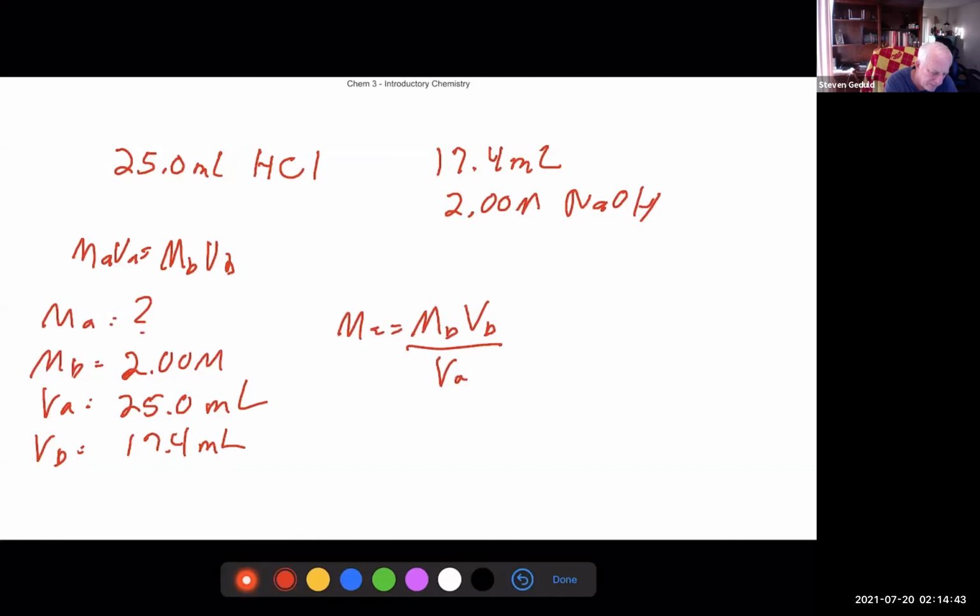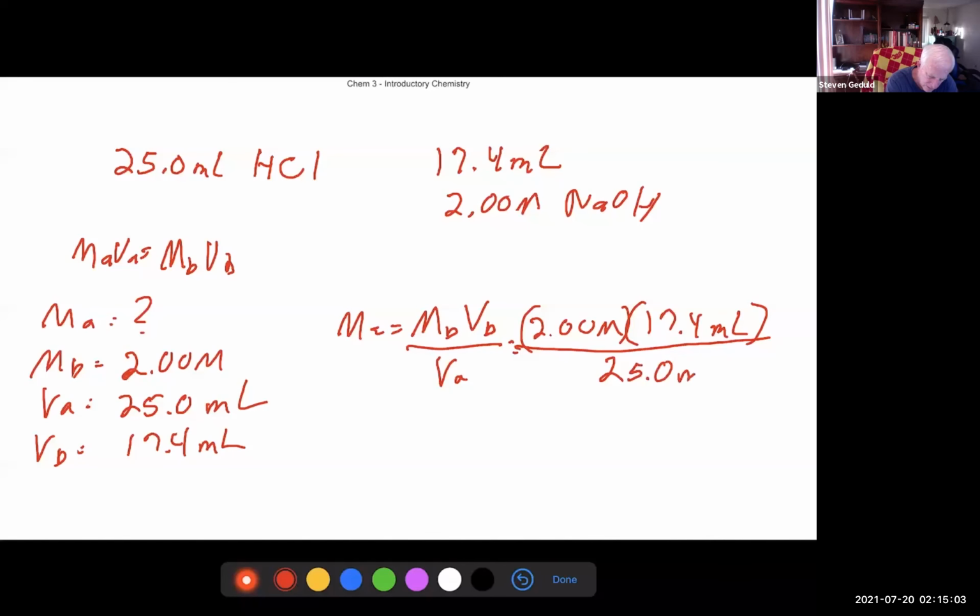Okay, plug them in. 2.0 molar. Volume of the base is 17.4 milliliters. And volume of the acid is 25 milliliters. Make sure your units are the same, so the milliliters cancel.